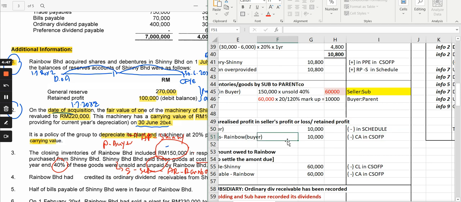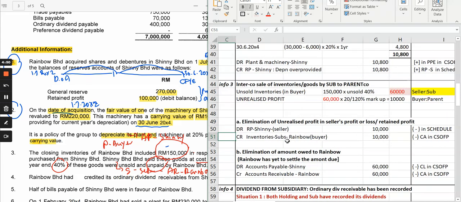And the second one is that it will be credited directly to the inventories. Remember, we are removing this because we cannot realize the profits that are related to the group member, where the profits that can be recognized should be the ones earned from the outsider. So here you have 10,000.